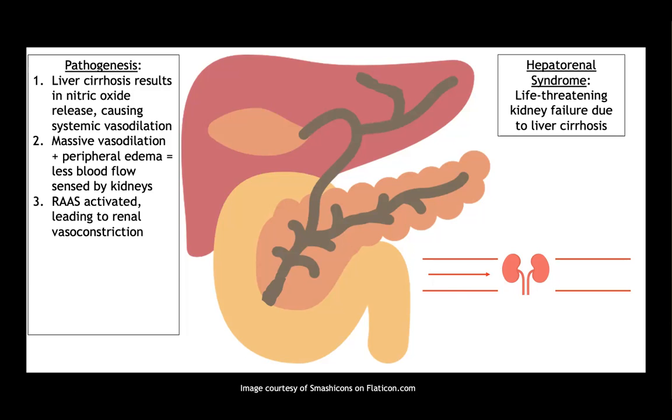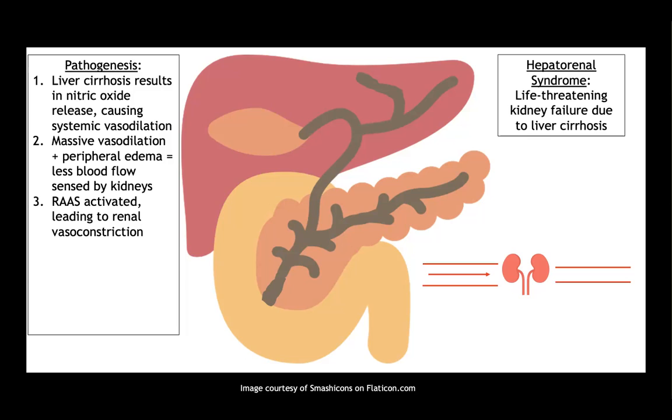And so we're going to activate our renin-angiotensin-aldosterone system, and that'll cause renal vasoconstriction, just like this. There's a problem though. So normally, if this was my kidney, this would probably work. My kidneys would secrete these hormones, my vessels would constrict, and I'd have some compensatory blood flow to the kidneys until I hydrated myself, for instance.